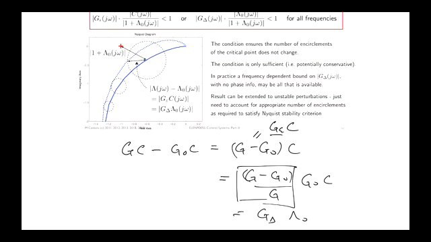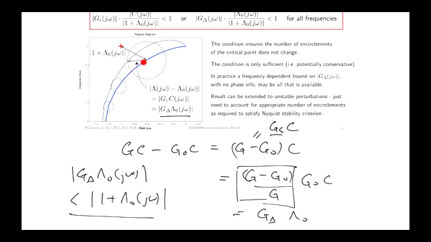So, in order to not change the number of encirclements, I've got to make sure that this vector is smaller in size than this vector. So in other words, if we just focus on the multiplicative perturbation, if we can make sure that G delta lambda naught evaluated at frequency omega is less than this, then we won't change the number of encirclements.